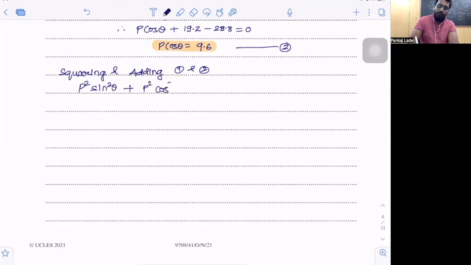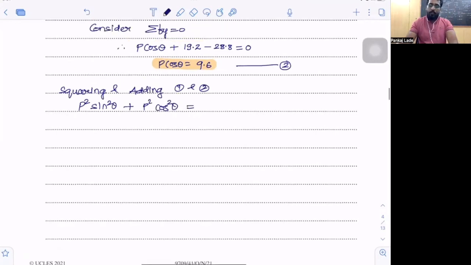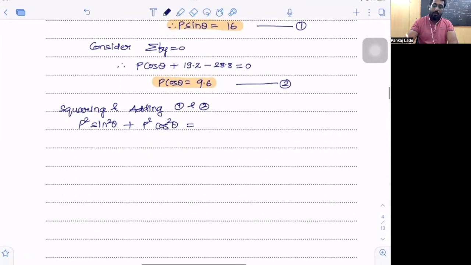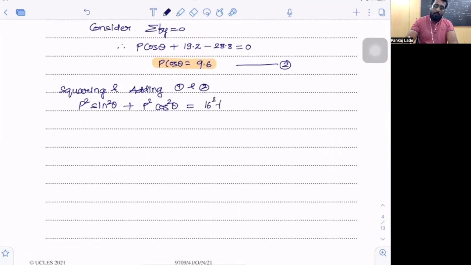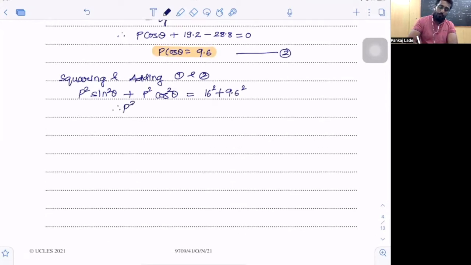The left hand sides will get squared and added to each other. So will be the right hand side, 16 square plus 9.6 square. So you can easily take out the P square common. You are left with sine square theta plus cos square theta. You very well know that's 1. So you are left with P square is equal to 16 square plus 9.6 square.